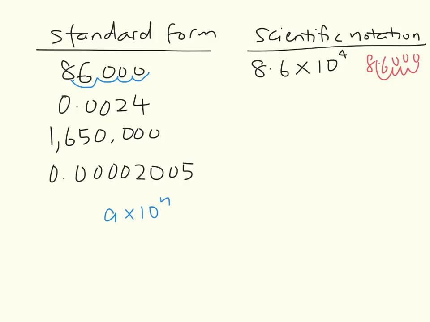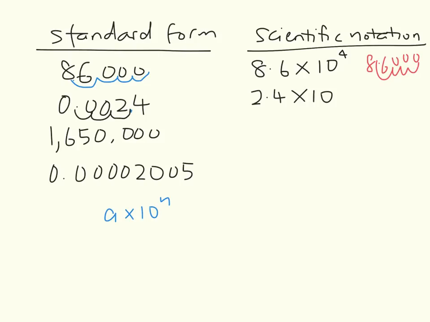And for the second example, I would have to put a decimal point at 2.4, right? So the first leading non-zero number is 2. So 2.4 times 10 to the power of, and we will have to move the decimal point 1, 2, 3.